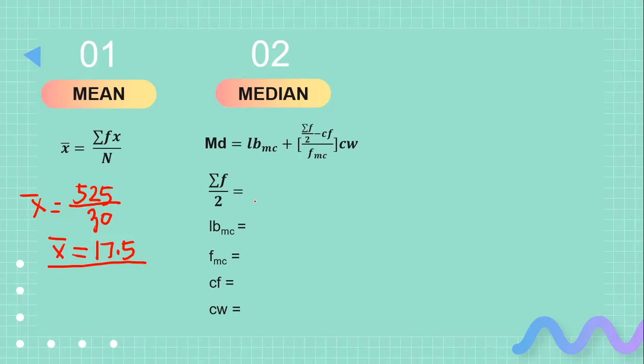Now, summation F, the overall sum of the frequency, is 30. Now, 30 divided by 2 is 15.